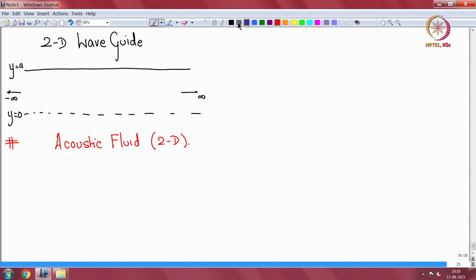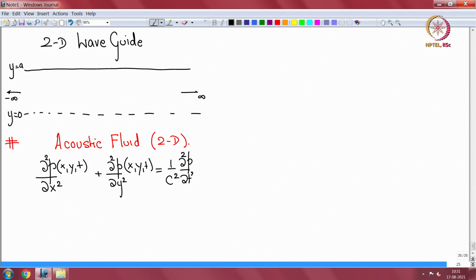And so the related acoustic wave equation in pressure is del 2 p of x comma y comma t by del x squared, plus del 2 p by del y squared of x comma y comma t, is equal to 1 over c squared del 2 p by del t squared. This you should know from your acoustics background.